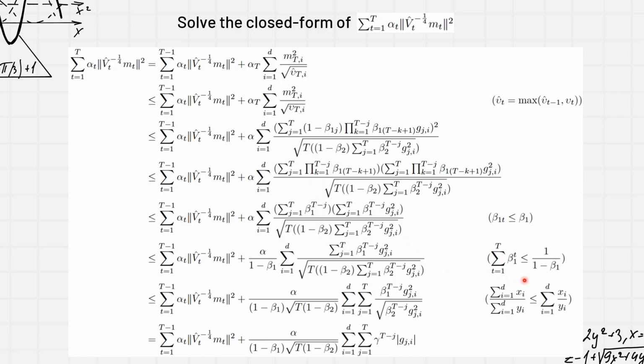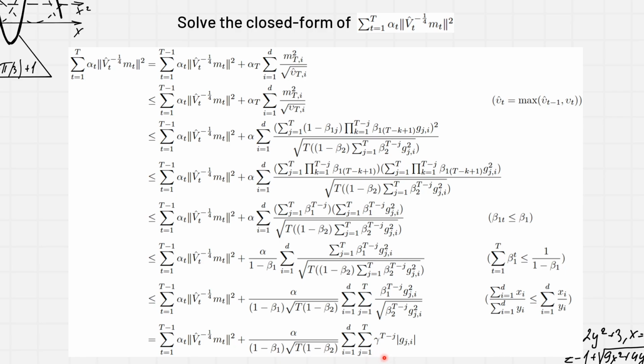And here we use the upper bound of a geometric series. And here, because each xi is divided by the sum of all y, this term will be less than xi divided by each yi.